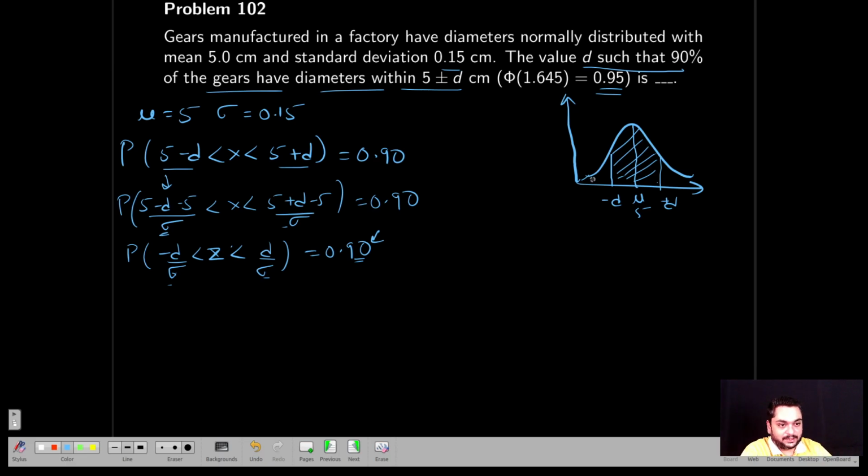if you observe here, the entire area is 90%. Where is the other 10%? The other 10% is in the tails. 5% is here. They are symmetric, so either side it will be equal. This is 5% of the area: 5% is the right side tail, 5% is the left side tail.